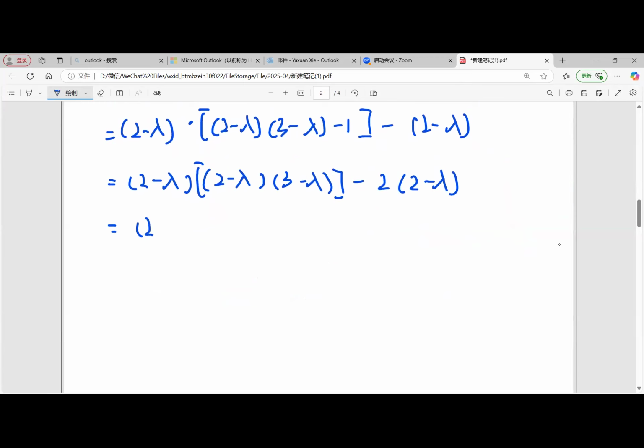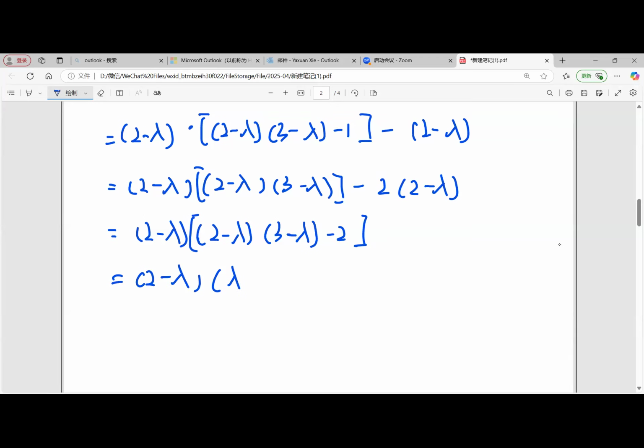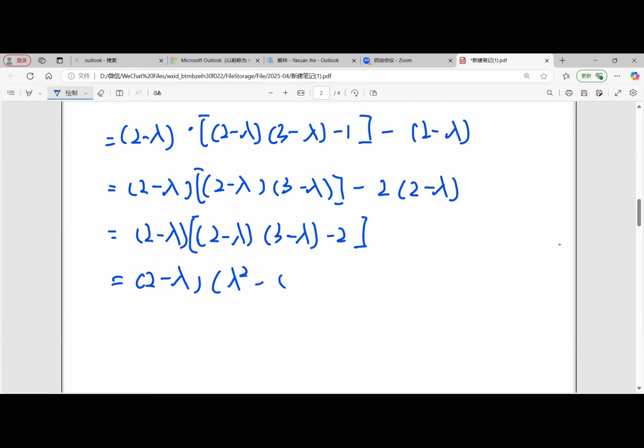We want to get 2 minus lambda out and factorize it to be 2 minus lambda, times (2 minus lambda)(3 minus lambda) minus 2, I'm sorry, plus 4.